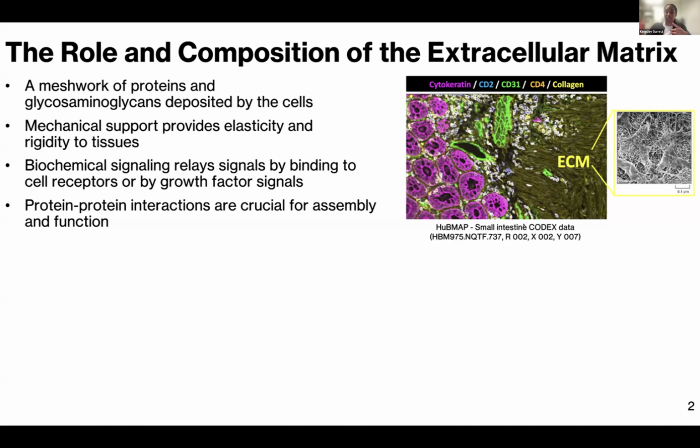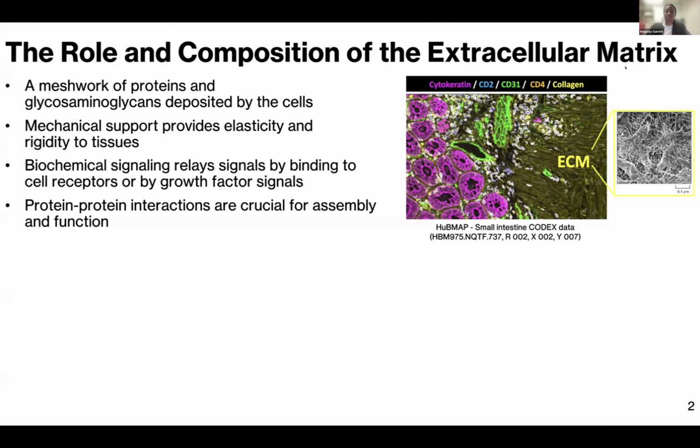And so we can see the assembly of the ECM within the tissues. And as the individual ECM components are deposited by the cells, it forms these complex networks. And these networks are built upon protein-protein interactions, which is why these interactions are crucial for the assembly and the function.